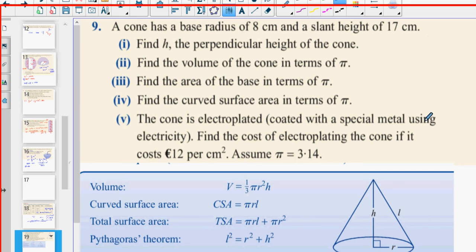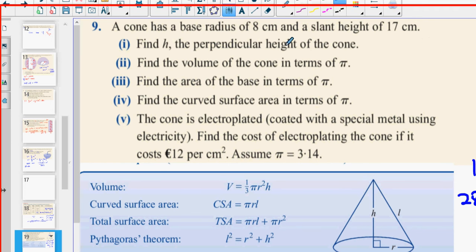Pythagoras' theorem. 17 squared equals h squared plus 8 squared. 289 equals h squared plus 64. 225 equals h squared. H equals 15. Have to redeem myself after earlier. 15. Are we cool with that?